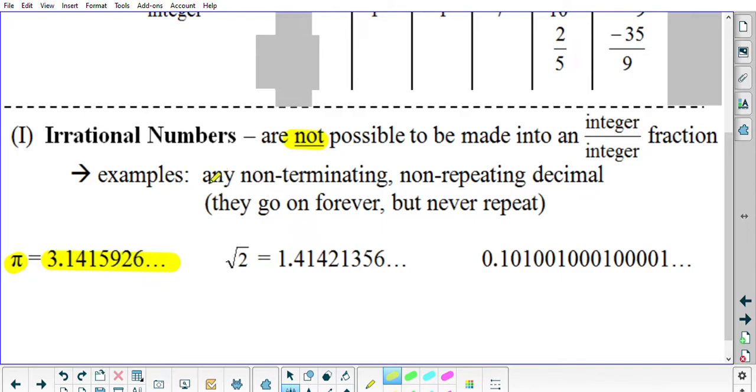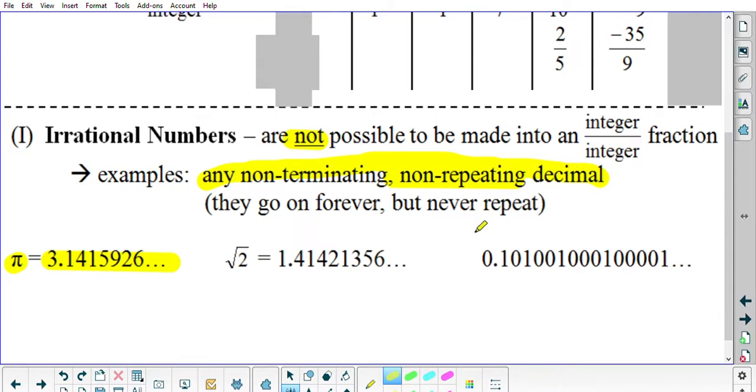So any decimal that is non-terminating, but also non-repeating, meaning it doesn't stop, but it doesn't ever repeat, you couldn't write a repeating bar over the decimal part. Those kind of special decimals are the ones that are not possible to be made as an integer over integer fraction.